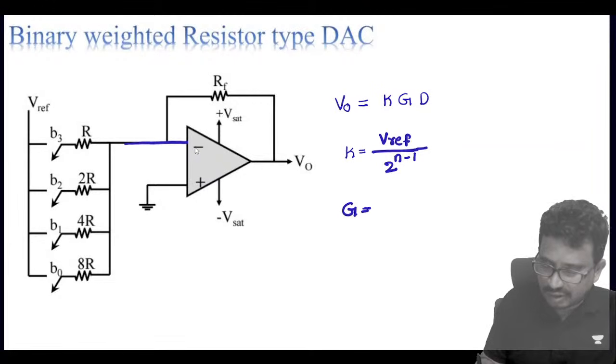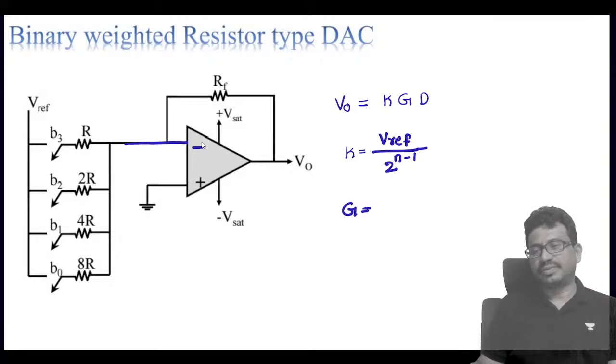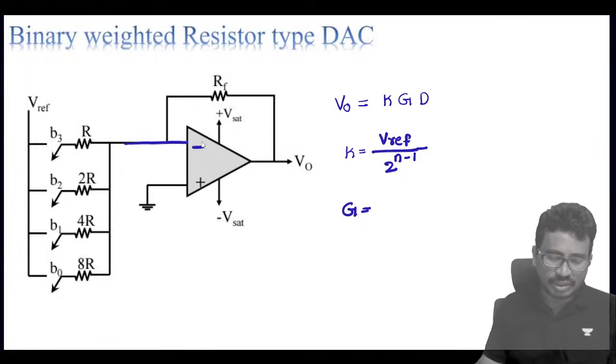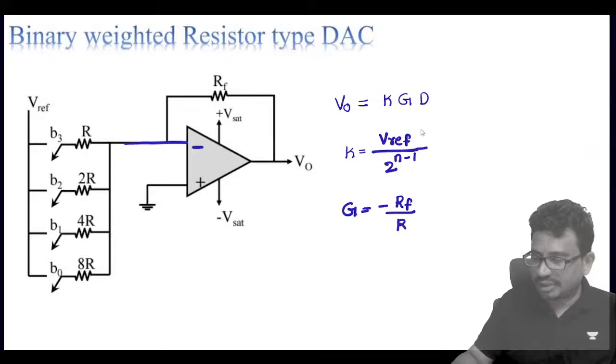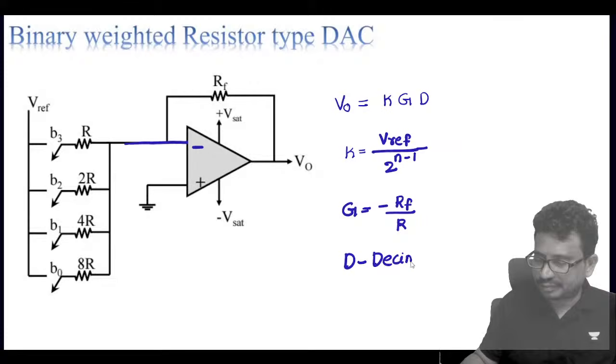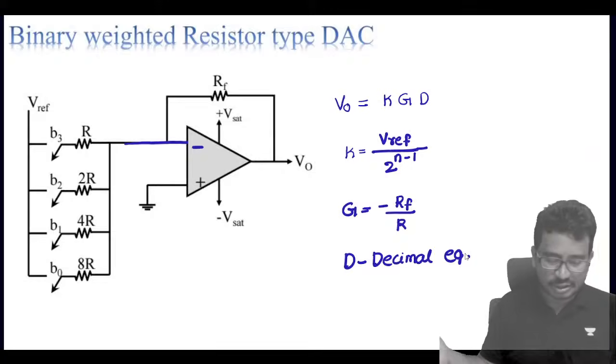Negative terminal. Negative terminal means what? Inverting terminal. Inverting terminal gain is minus RF by R. And D is the decimal equivalent.